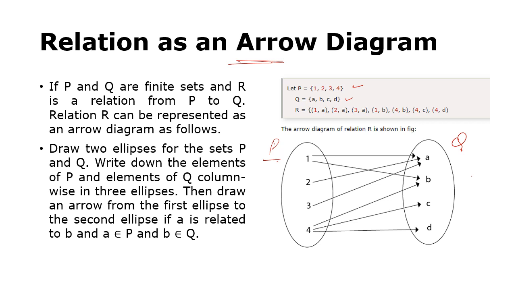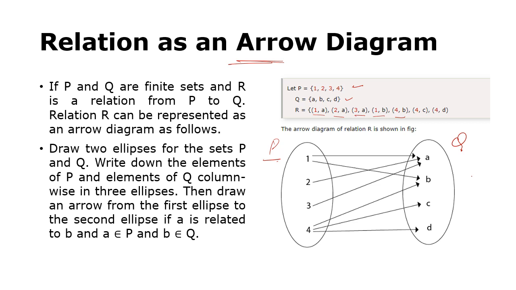Now what we do is we take the pairs. These are the relation pairs. As you know, a relation is a set of ordered pairs. Ordered pairs means the ordering of the elements in a pair is fixed. The first element should come from the first set and the second element should come from the second set.